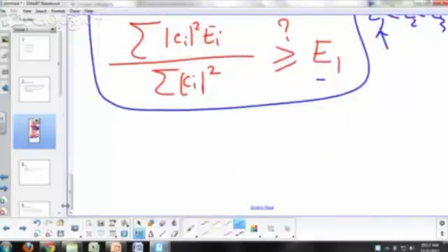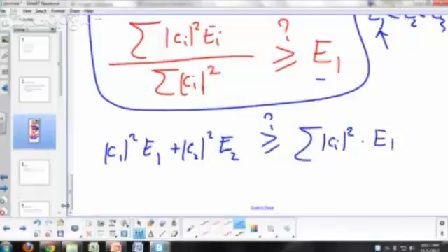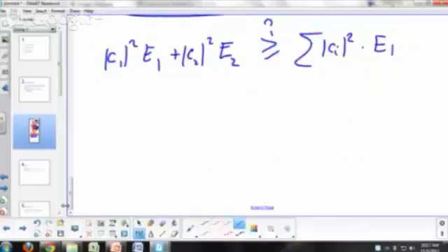Well, let's just take the simple case where we just have two terms. So you're going to have C1 squared E1 plus C2 squared E2. Is that greater than or equal to the summation of C sub i squared times E1? Well, let's look at this one.